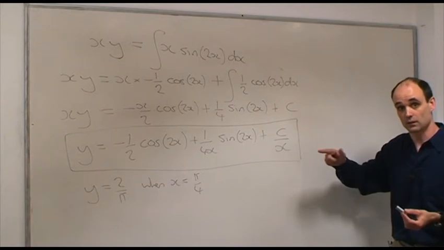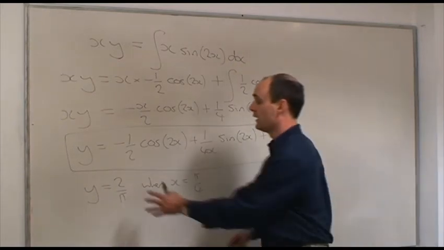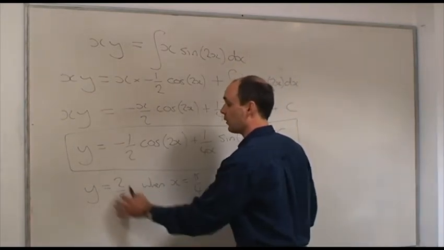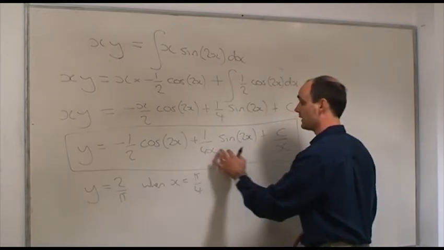And so to determine what that constant is, what we do is we substitute in for what y is, and we substitute in for what x is, and we work it.